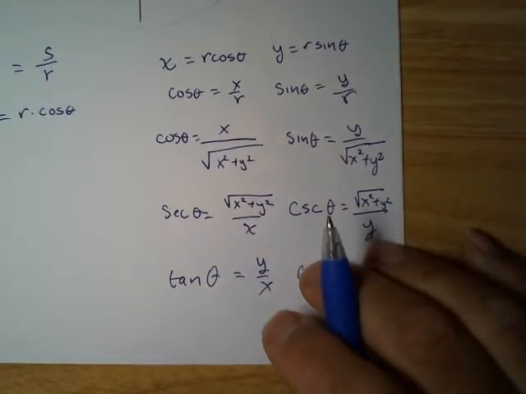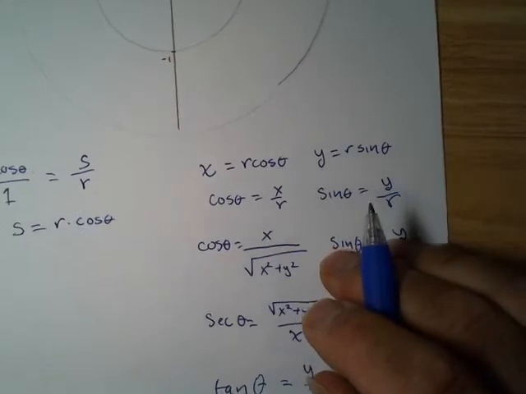Okay, so now let's do some examples here using values that go beyond the unit circle.